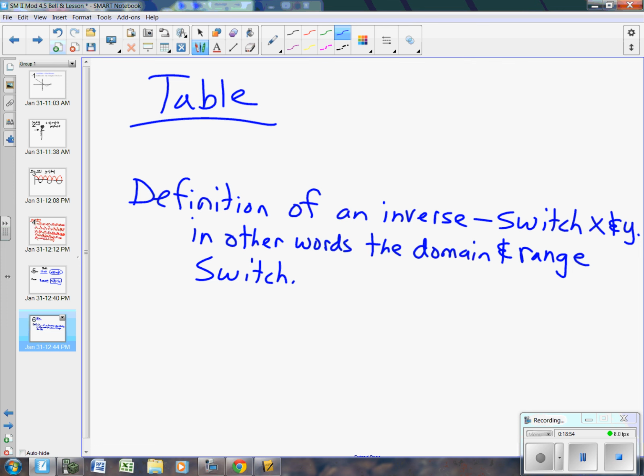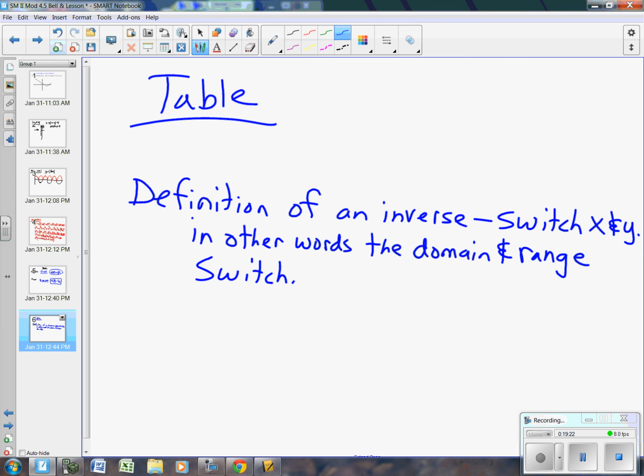In other words, the domain and range switch. You'll notice on the first one, we used as the domain, or the independent variable, time. And distance was the dependent. And then we switched them on Isaac's method. D was our independent variable. Time was our dependent variable. And that's all an inverse is. That's a pretty easy concept, isn't it?